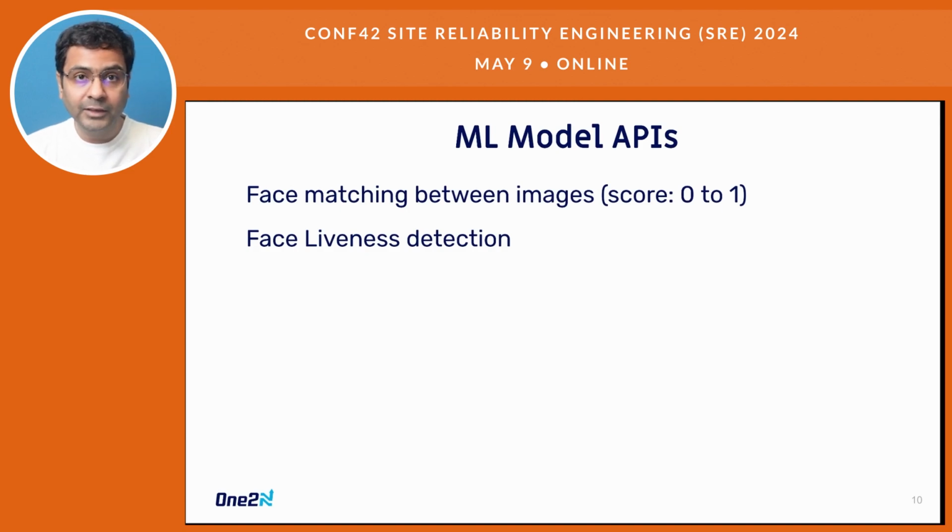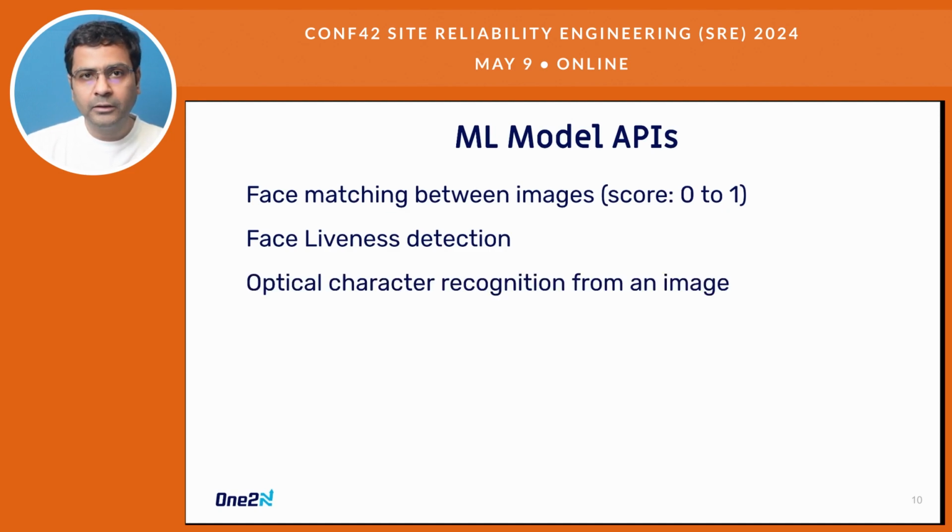Then we have face liveness detection, which is: if you have an image of a face, is this the face of a live person or of a non-alive person? Then we had OCR, or optical character recognition, from an image. For example, you upload a photo of a passport or any identity card, and you can extract the text information from it.